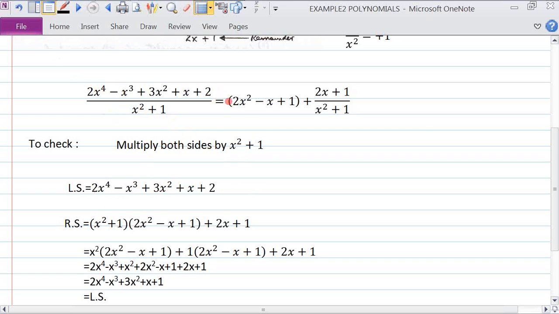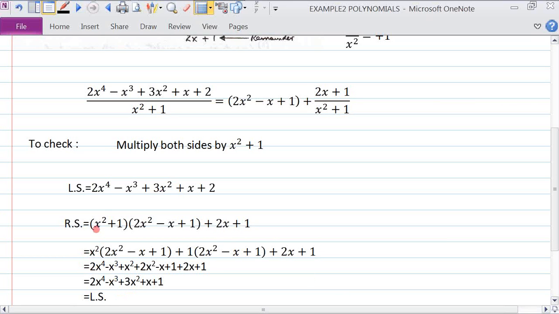Now if I multiply the right side by x squared plus 1, I get this for the first term. And then the x squared plus 1 times this whole thing, the x squared on the numerator and the denominator will cancel, and I'll just be left with 2x plus 1.